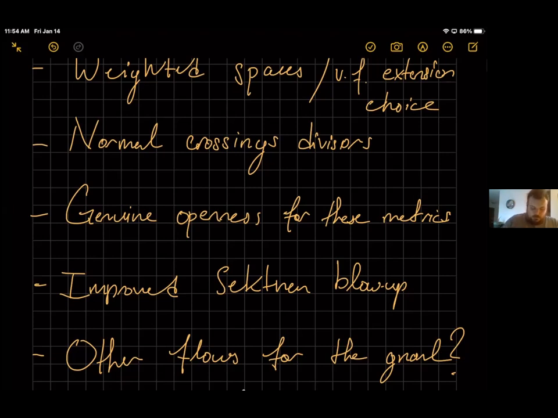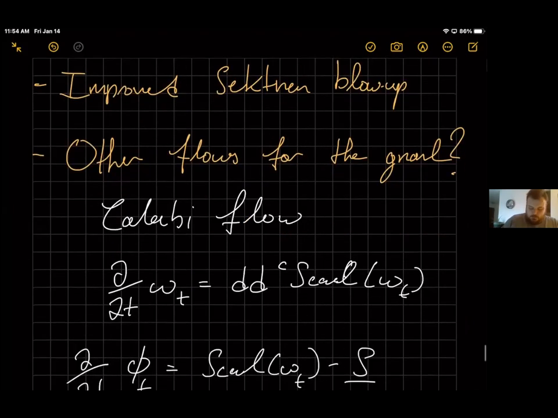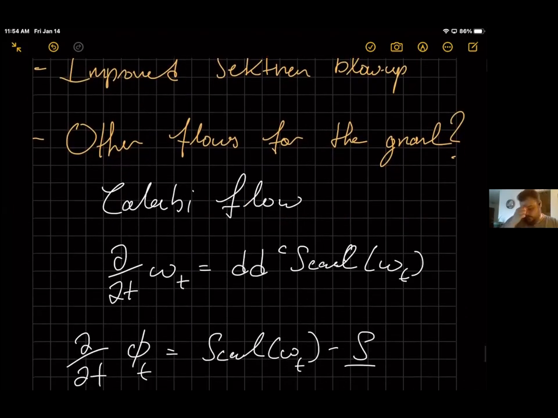And one last comment, I think, is sort of about another direction one could go in. So there are other choices of flow that preserve the Kähler class. One of them is the gradient flow for the Calabi functional itself, so the Calabi flow, which I find this way using the ddc operator.